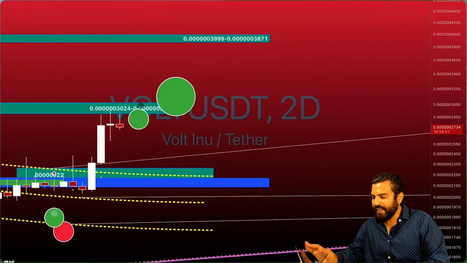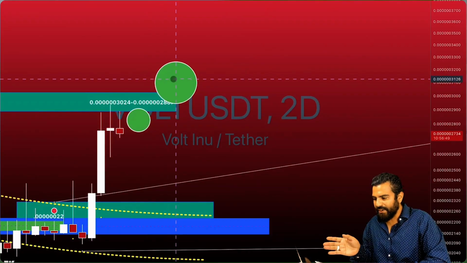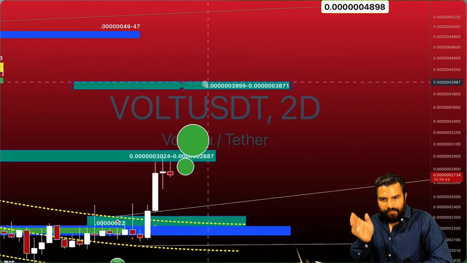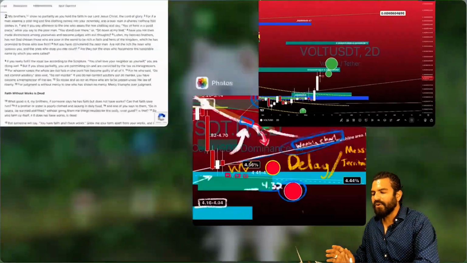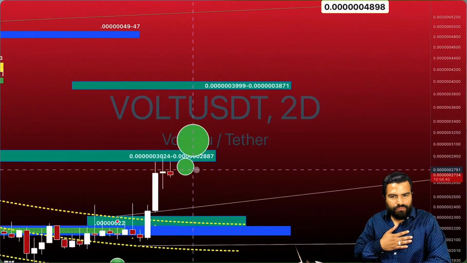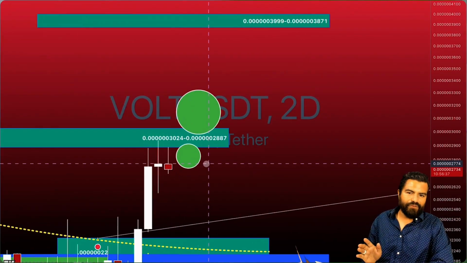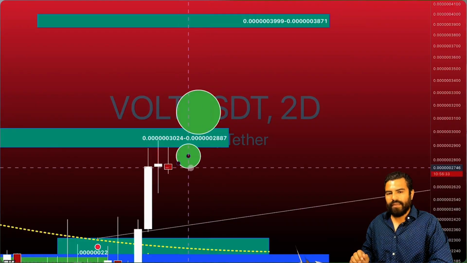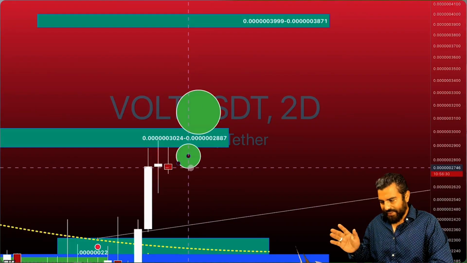Now, I'm not saying we're going to get into the bullish side up here and start clearing our way all the way to the top. I'm not saying that, but it's more likely this is going to reverse. So if it's me, if I'm in a leverage position on Volt and a leveraged short, and I'm betting Volt goes down, which I don't want to be, I don't think I'd be in that position.